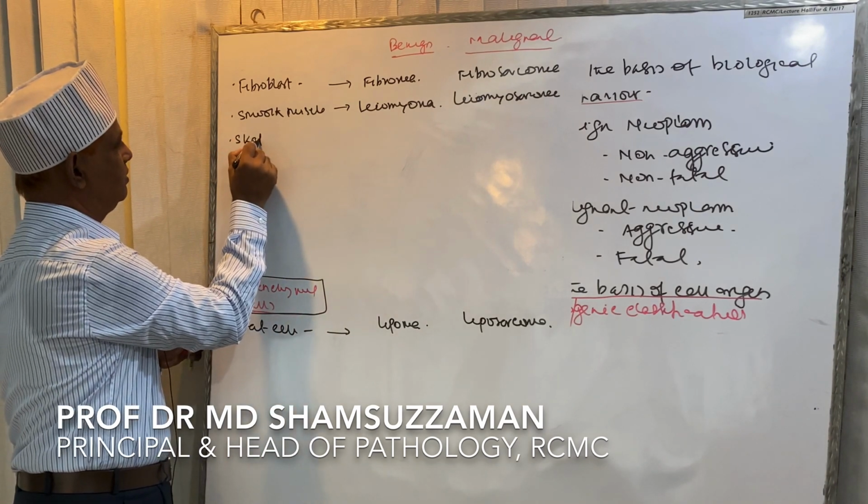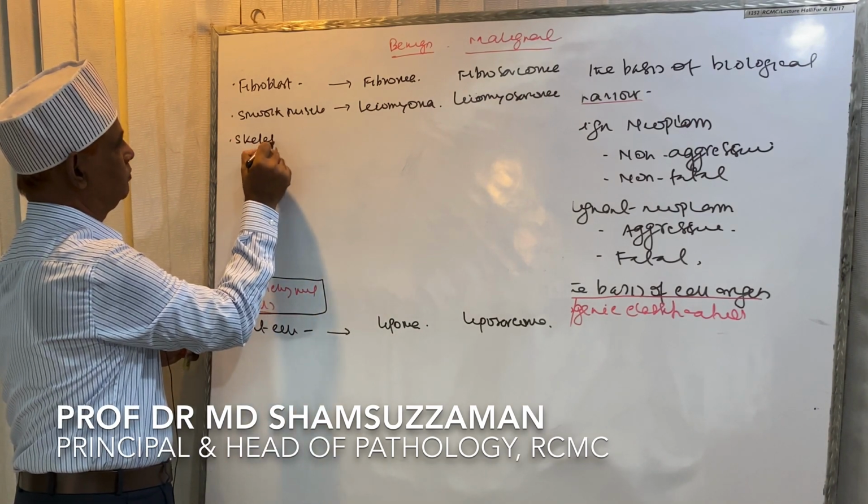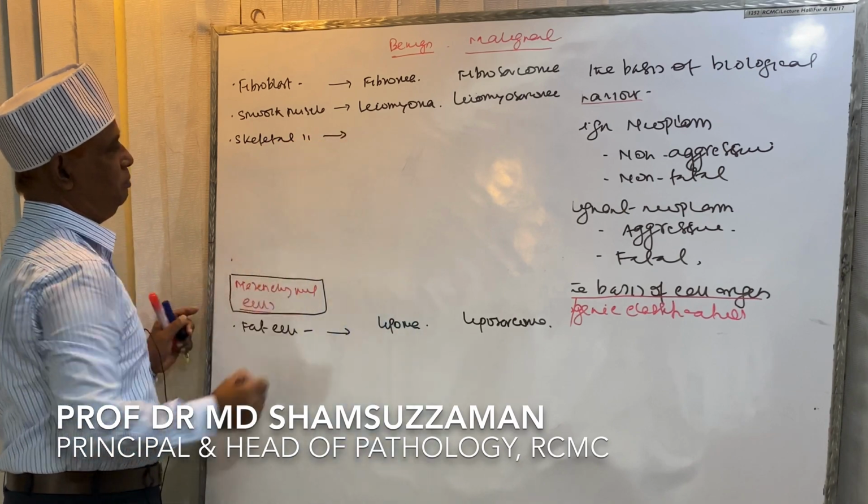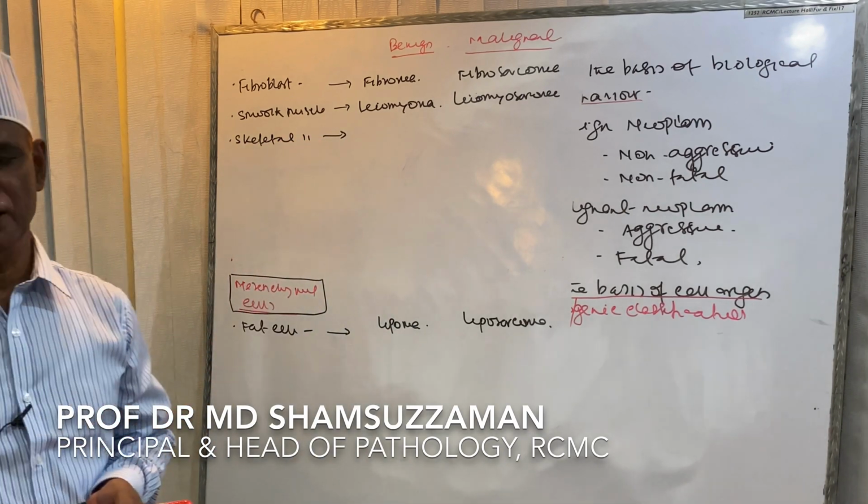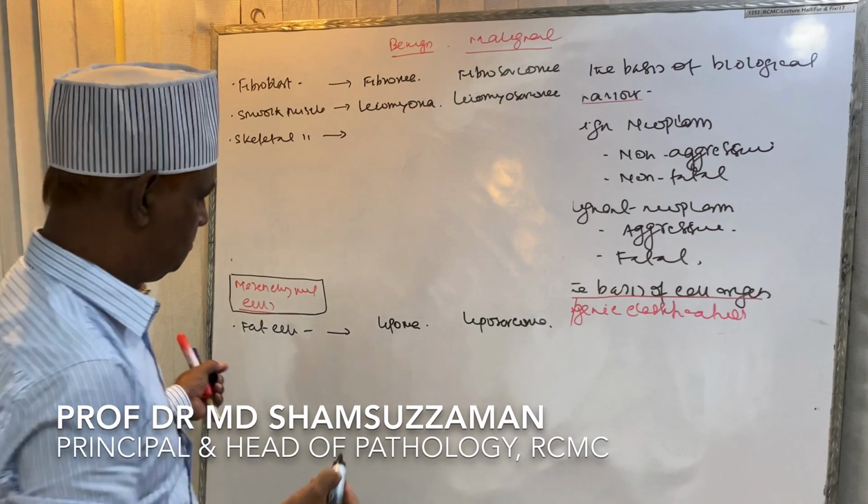Skeletal muscle. The benign tumor of skeletal muscle is called rhabdomyoma.